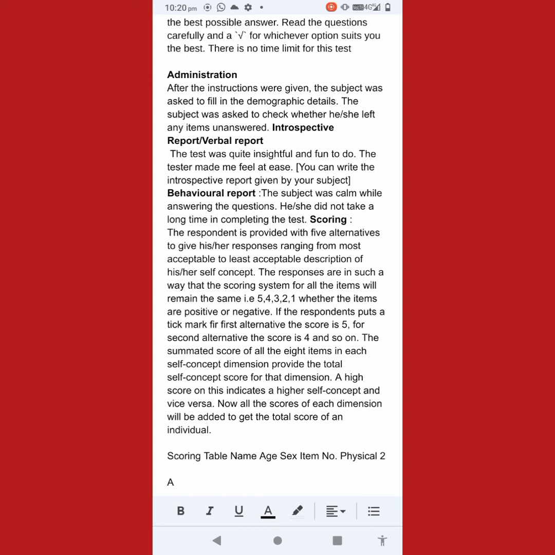Now, how will you get the total raw score? By totaling all these scores which you have got. A higher score indicates higher self concept on that dimension, and overall also, you will get to see in the manual. Then all the scores on each dimension will be added to get the total score, which I told you just now.